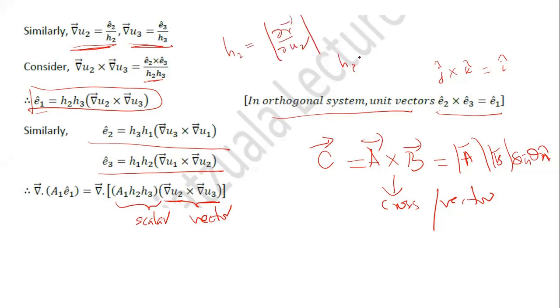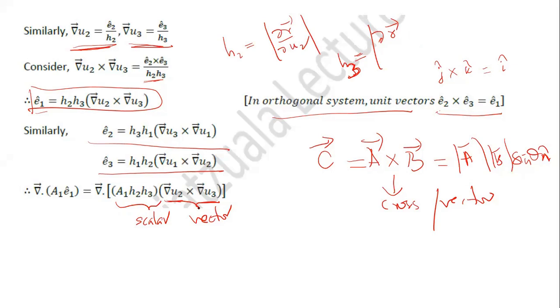And h3 is the scale factor along the u3 coordinate line, like I discussed in the previous class, magnitude of del r upon del u3. So they are also scalars. So what you are operating on is a divergence of a certain scalar times a certain vector.